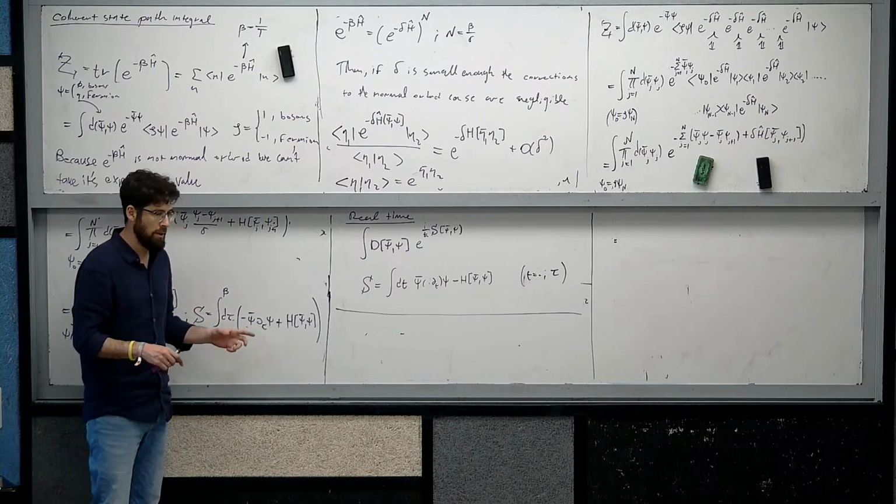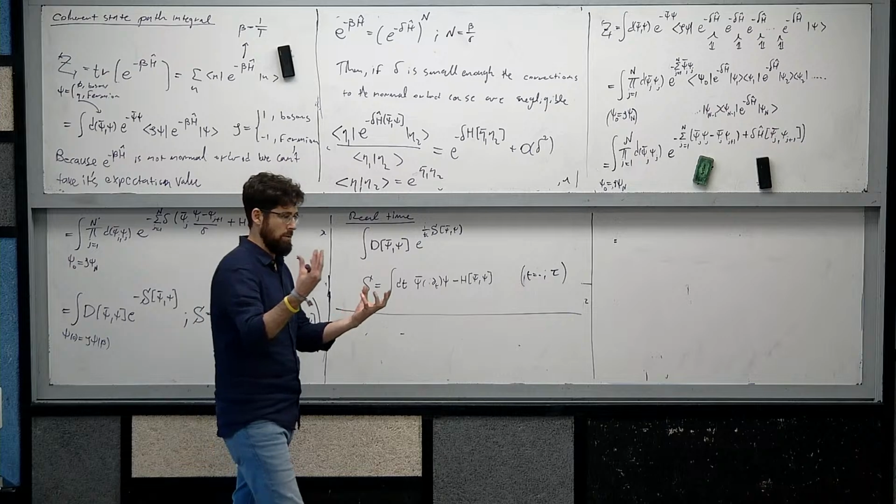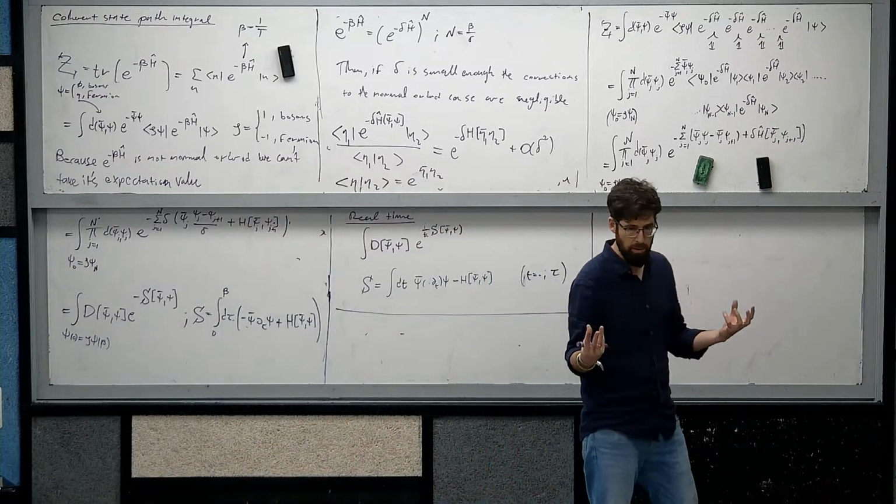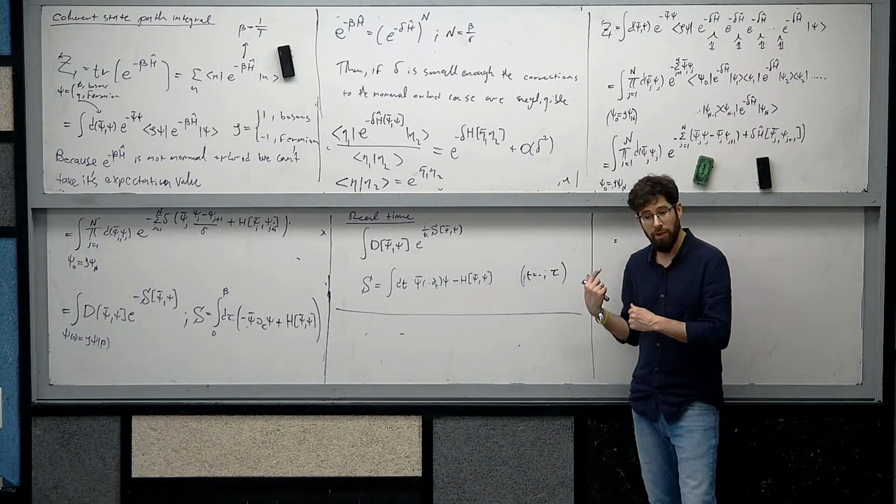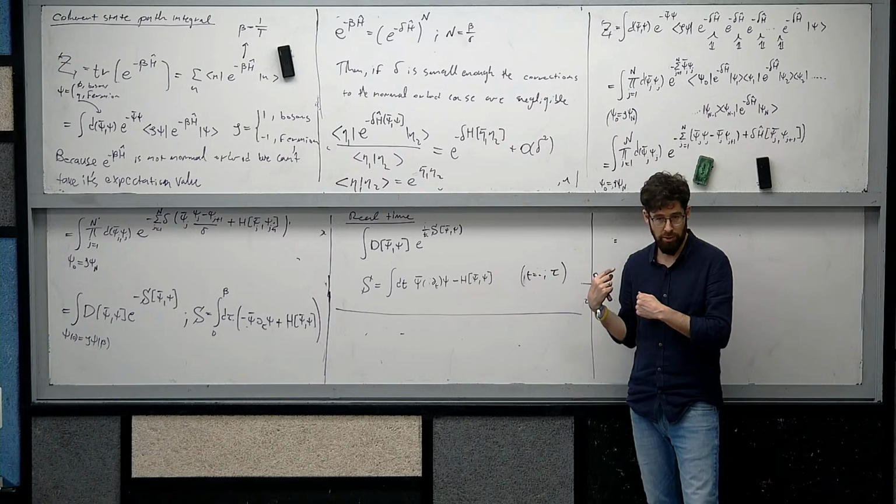So anytime you see some operator, time derivative, times another operator, you know that in the Hamiltonian version of this Lagrangian, these guys shouldn't commute.